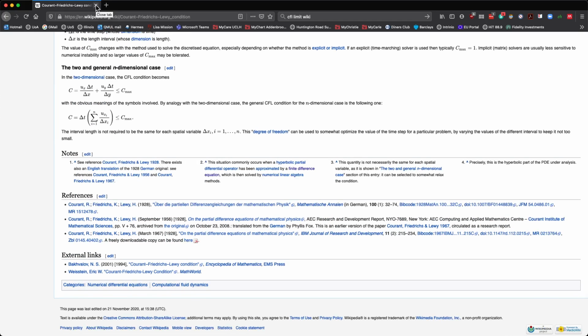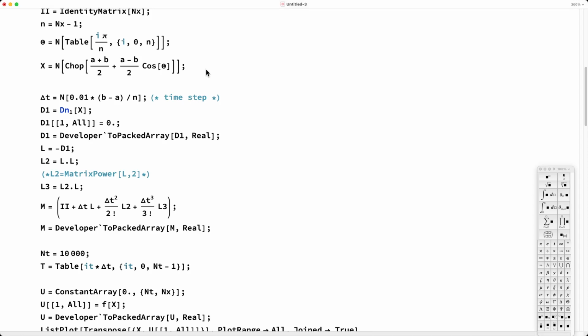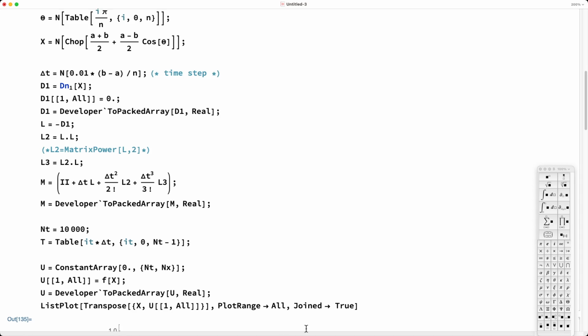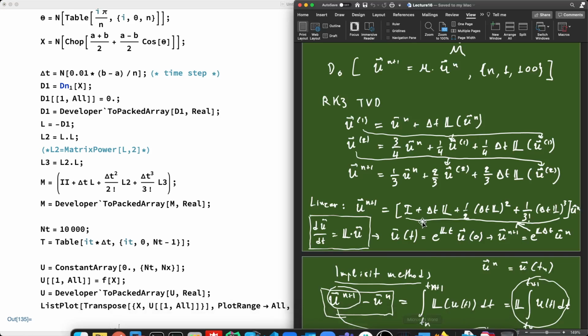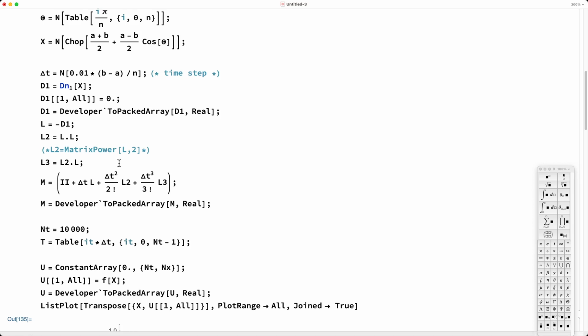But there is an easier way in our case to estimate what the limit is, and that's because we're using a linear equation like that, where u is updated by m dotted onto u. We know from linear algebra that such an iteration will be stable if and only if the eigenvalues of m are absolutely smaller than or equal to 1.